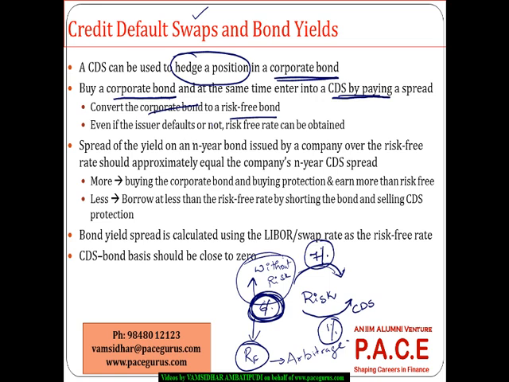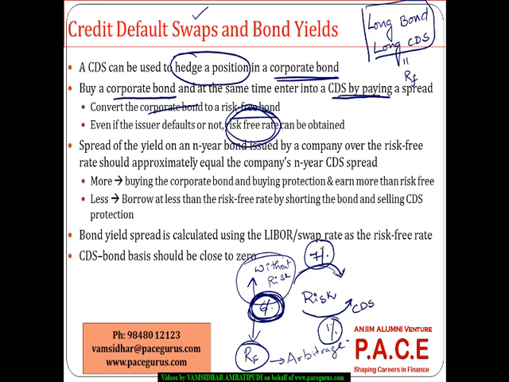So it does not really matter if the issuer is defaulting or not defaulting. Whatever the scenario, I am getting my money back exactly. I'm almost risk-free, which means in that combination where I have gone long on a bond and I have gone long on CDS, which is a protection, the two together should be more or less equal to my risk-free rate of return.